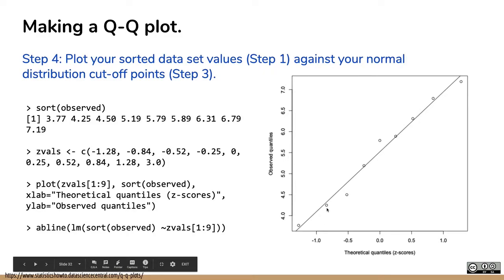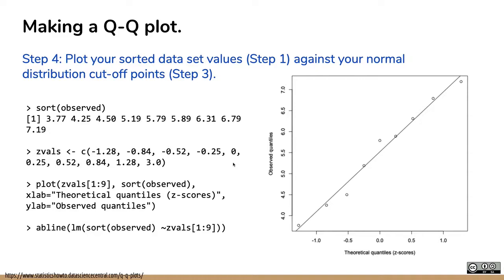Well, the second one, sorry. So now I'm doing sort of a poor man's QQ plot. We've got our observed data, and then we get our z values that I computed directly from that table.